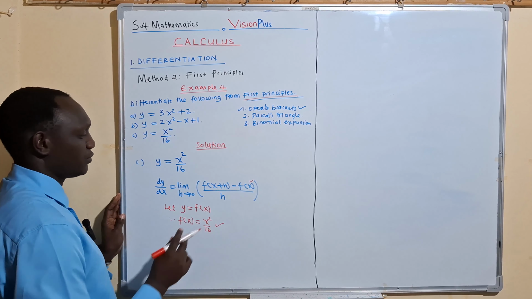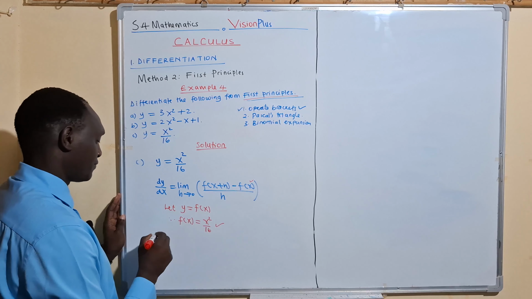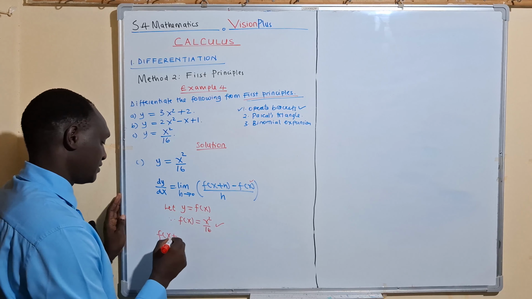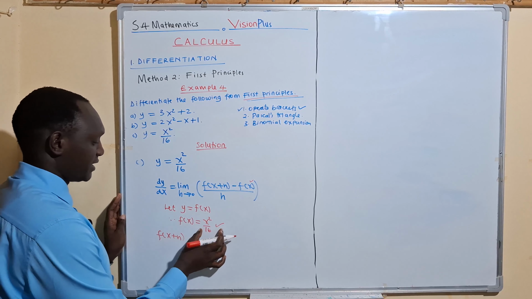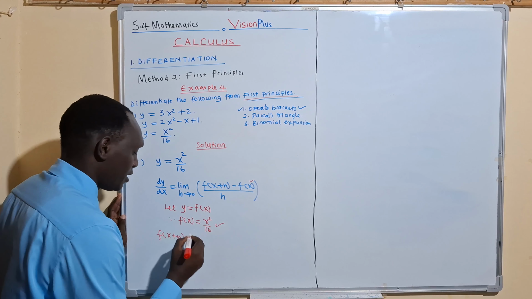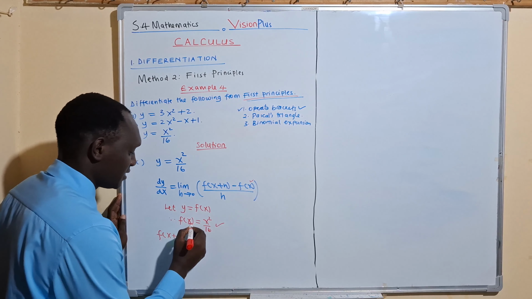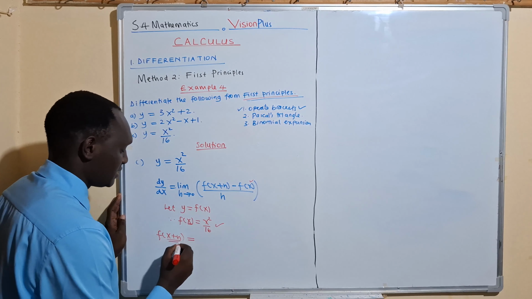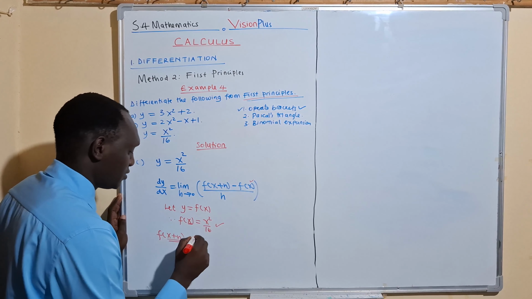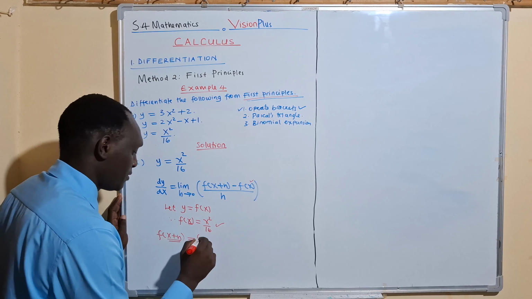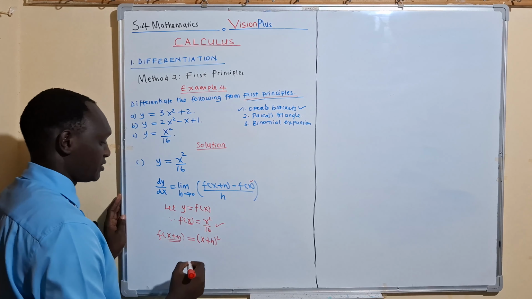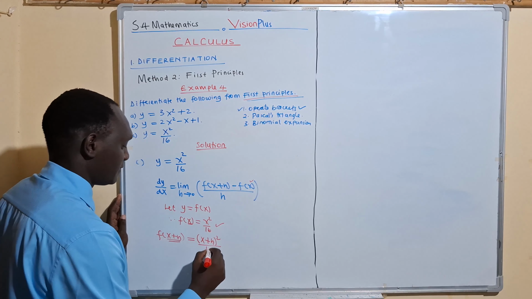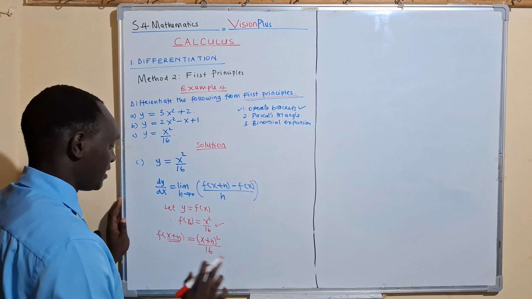What don't we have? We do not have f of x plus h, but we can get it simply from f of x. Where we find x, we put x plus h. So here we have x squared; in the position of x alone, we shall have x plus h. But then we're saying x plus h all squared over 16. All the other terms remain the same.